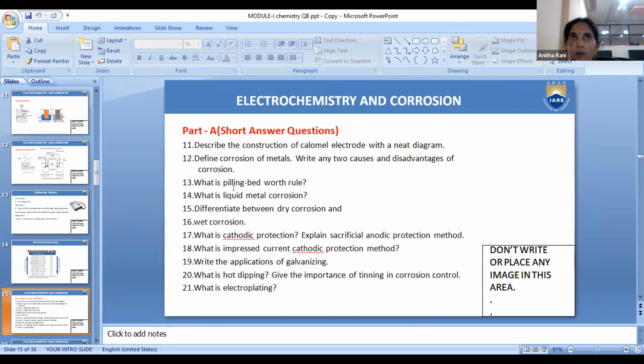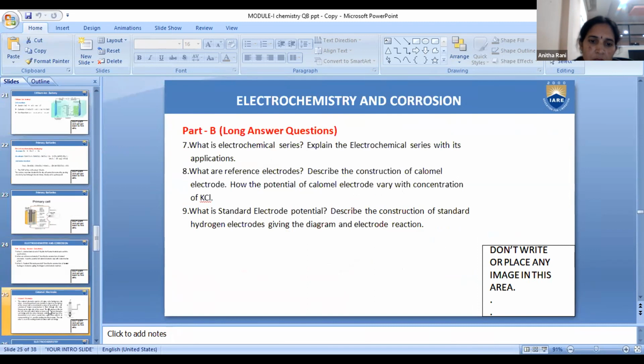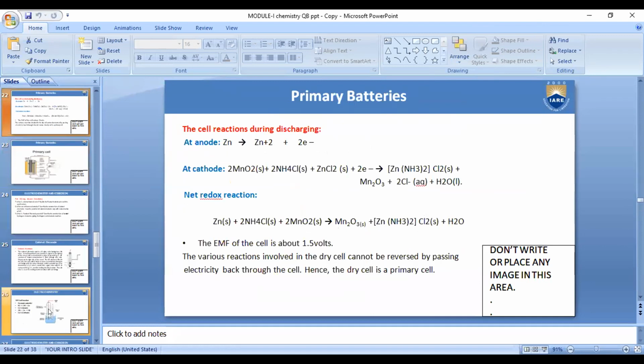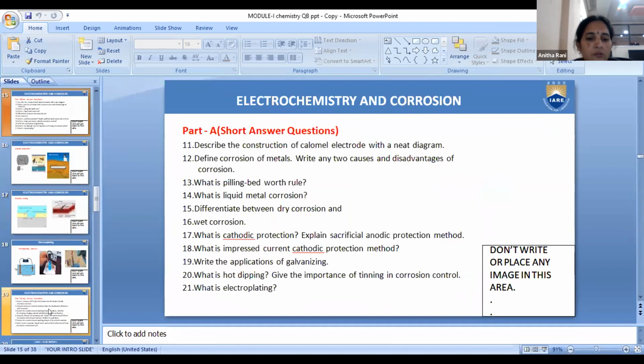Based on volume of the metal oxide, we discussed Pilling-Bedworth rule. Anybody remembering? Students? If the volume of the metal oxide is greater than the volume of the metal, it forms a non-porous layer.